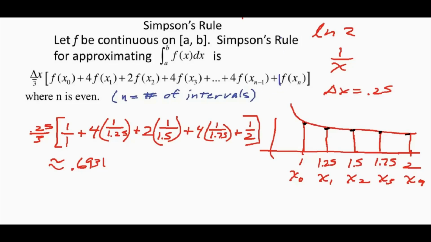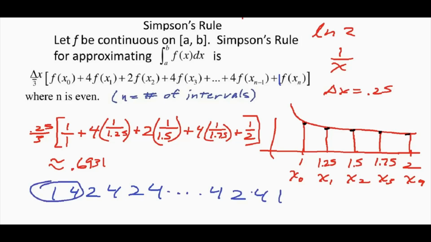So basically, you're going to have a 1, then a 4, and then it could be as many of these as you decide to make rectangles for more accuracy, but it's going to be a 1 and a 4 here, and a 4 and a 1 here. And that's basically how you use Simpson's rule.